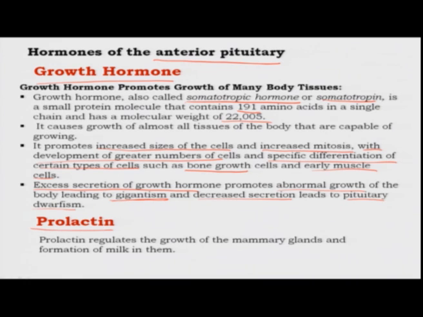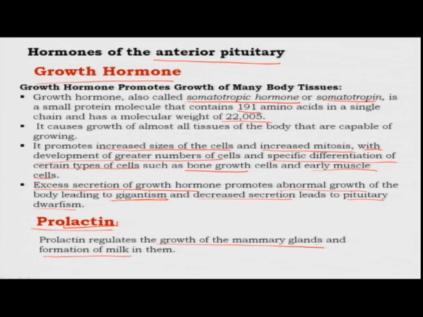The next hormone that we will talk about, also from the anterior pituitary, is prolactin. Prolactin, as the name suggests, pro and lactin, lacto refers to milk. So, it is regulating the production of milk in the mammary glands, and it also regulates the growth of the mammary glands themselves.